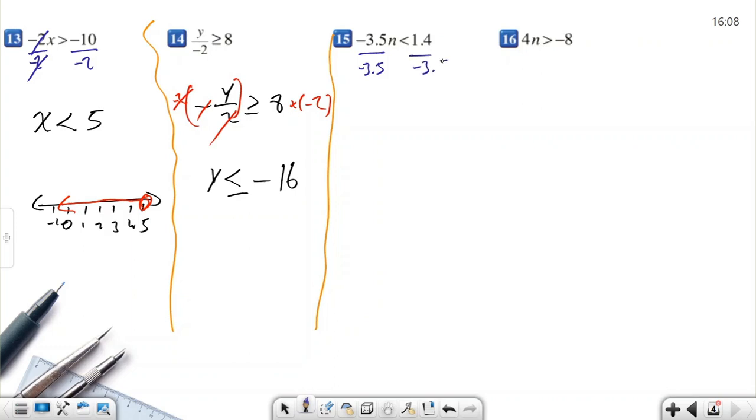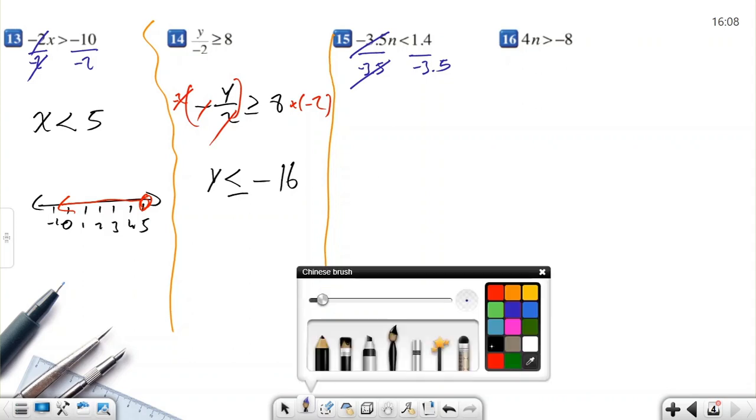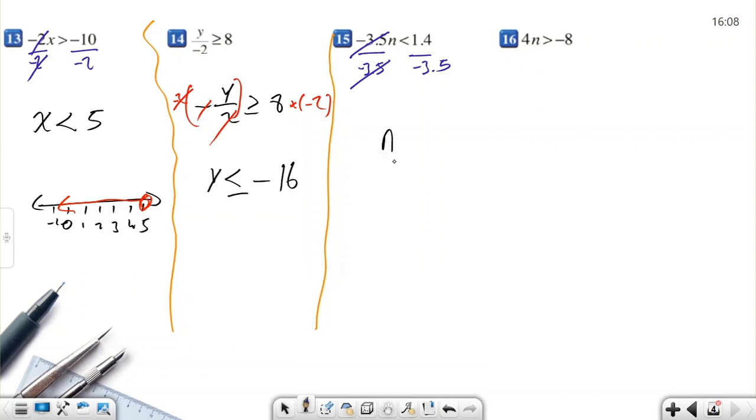When you divide, it will be 1. And because I divide both sides by a negative number, I need to change this less than to greater than. Positive divided by negative is negative. Negative 1.4 over 3.5.